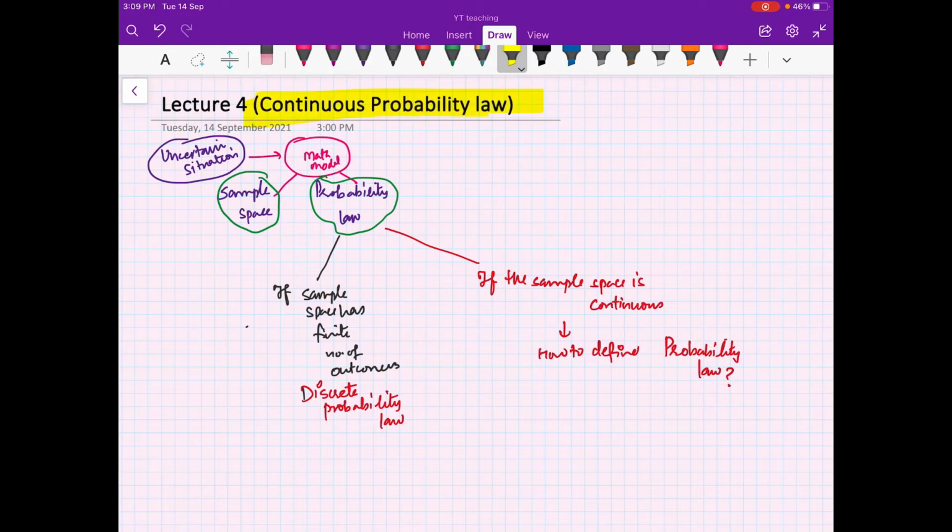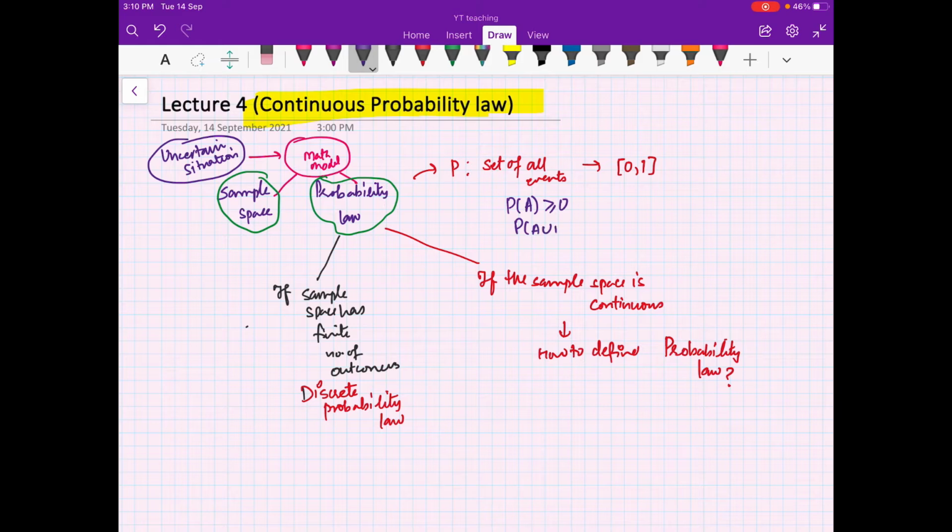If you have not seen my previous videos, then please go through those videos so that you understand the next concept well. Let us revise what our probability law is. The probability law is a function from the set of all events to [0, 1]. It satisfies some properties: probability has to be greater than or equal to 0.